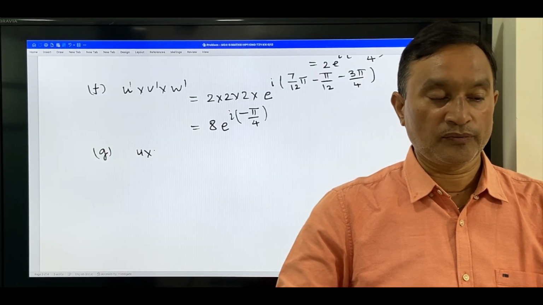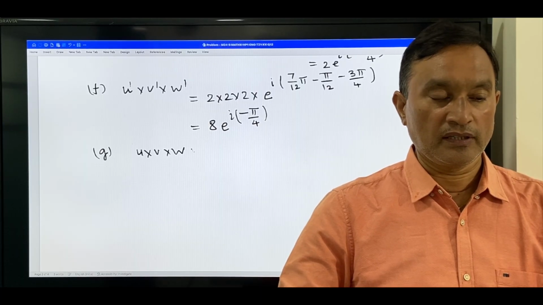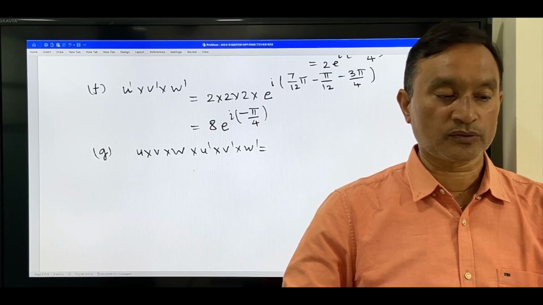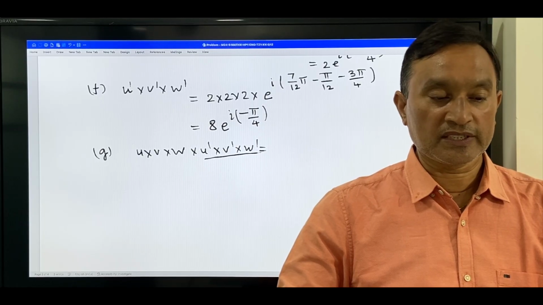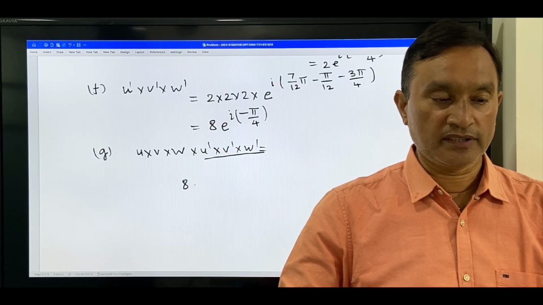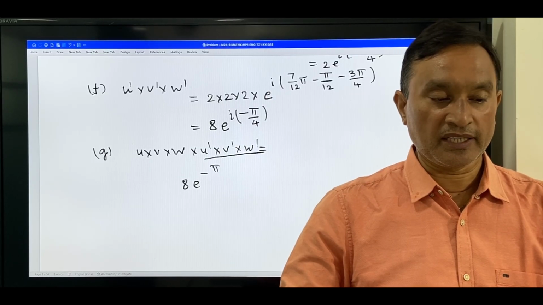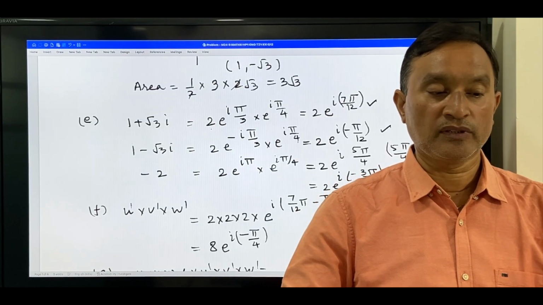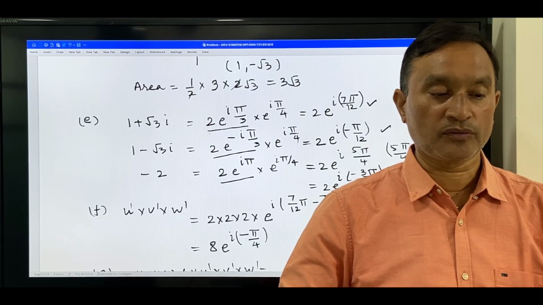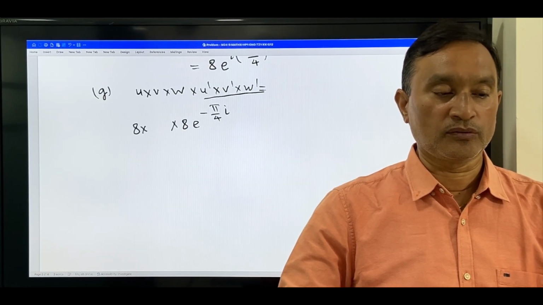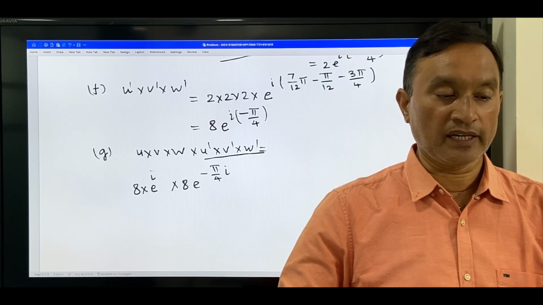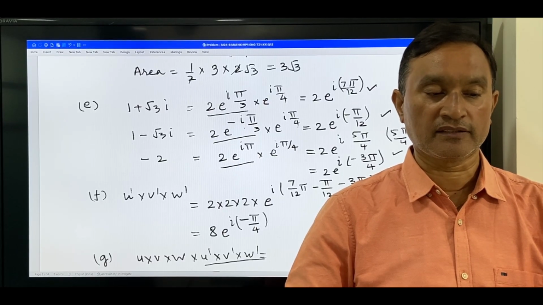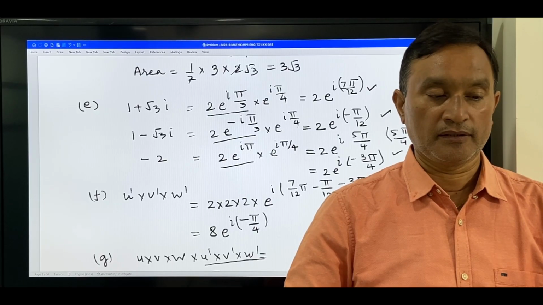So U into V into W into U dash into V dash into W dash equals, we have the value of U dash, V dash, W dash, that is 8 e to the power minus pi by 4 i, into here we have the value of 2 into 2 into 2, which would be 8, into e to the power i pi by 3, positive pi by 3, negative we can cancel, and here we will be getting plus pi.